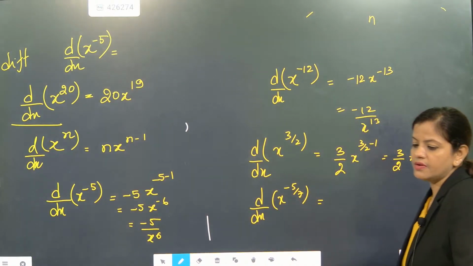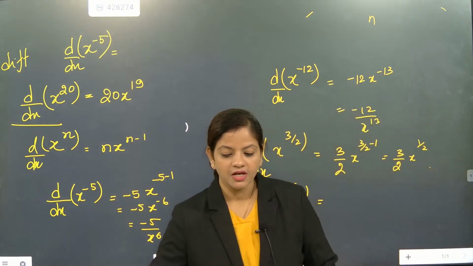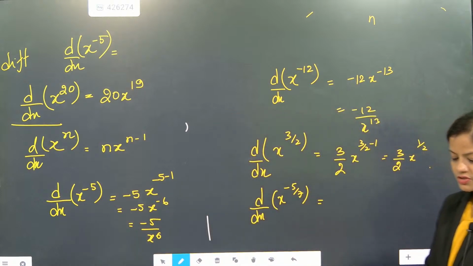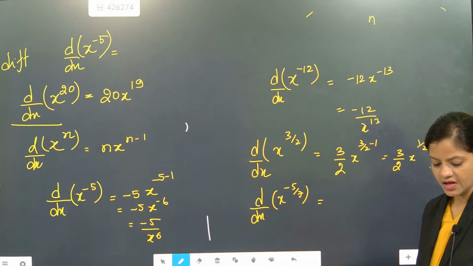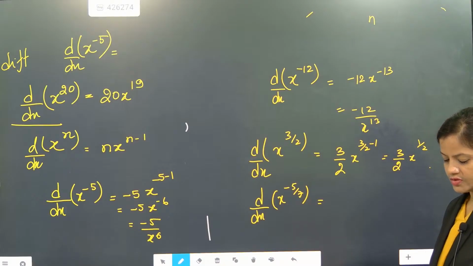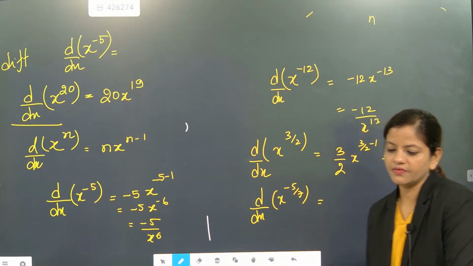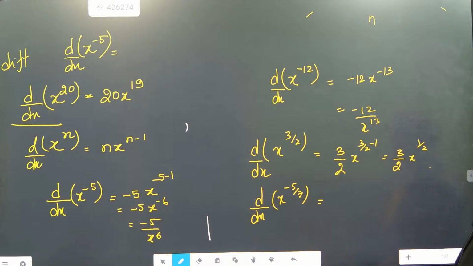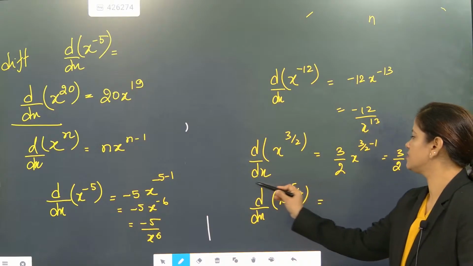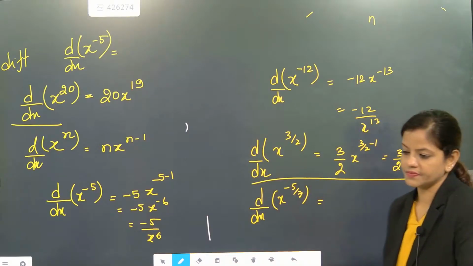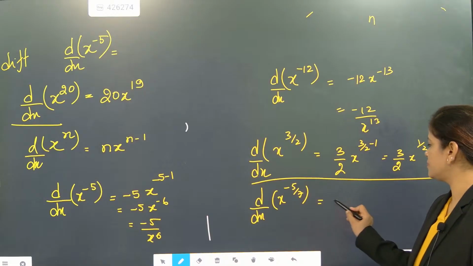X to the power minus 5 by 7, beta. If somebody asks you this, what answer are you going to say? Super Sujata. Very good, beta. Very good, Rudra.